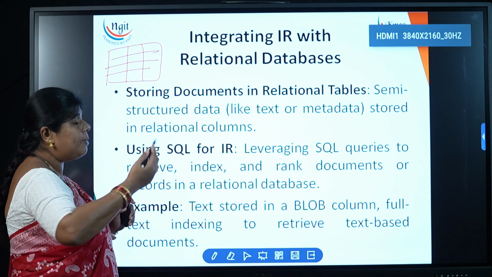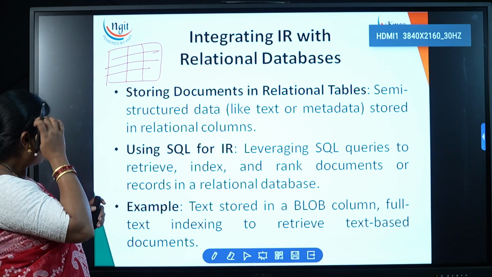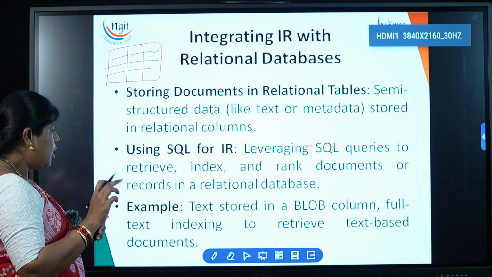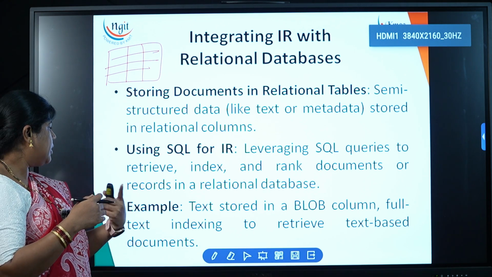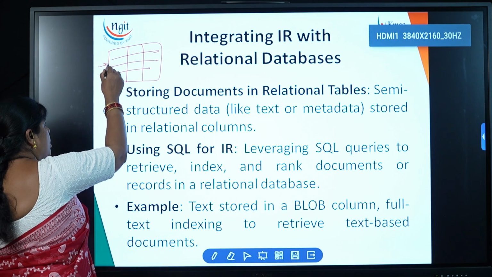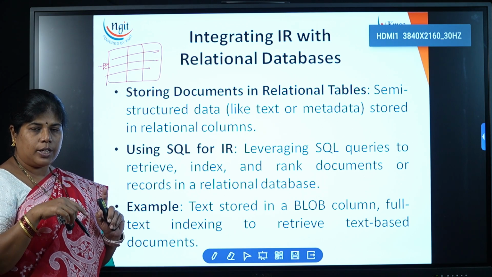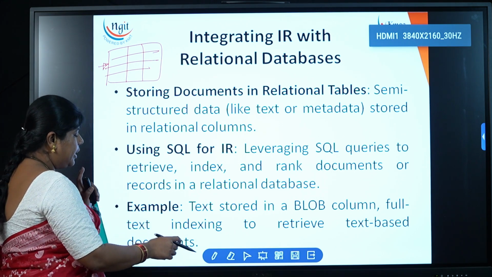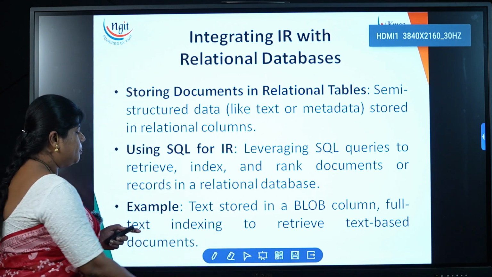In my IR, the data may be unstructured or semi-structured. How can we relate this relational database with IR? What we do is, in every row of the database, I will store one document. Like this I am relating the database and the IR.